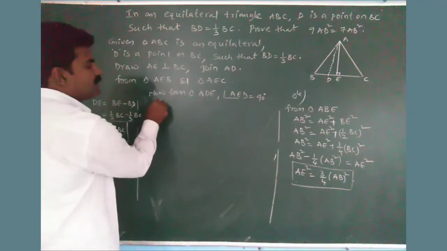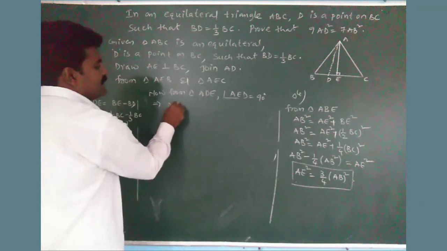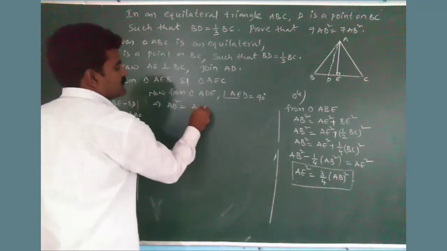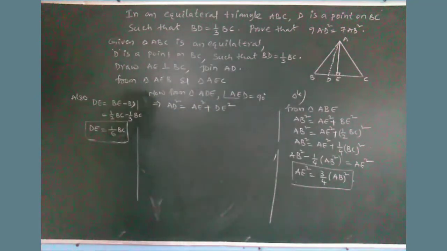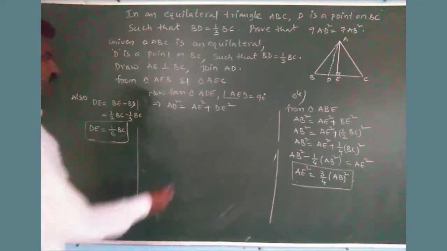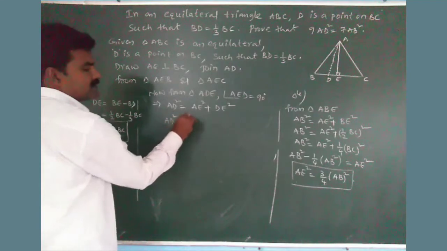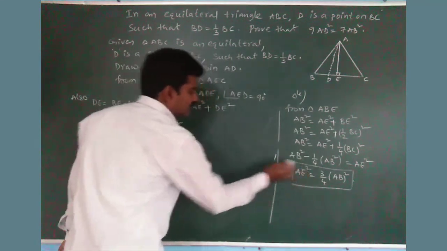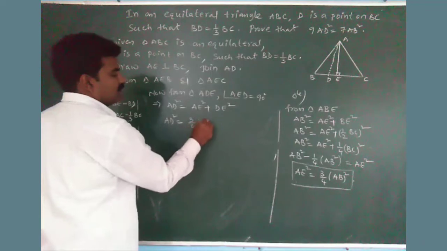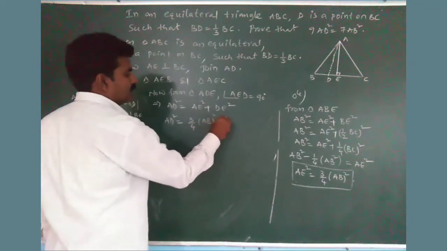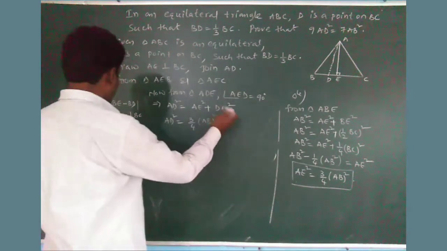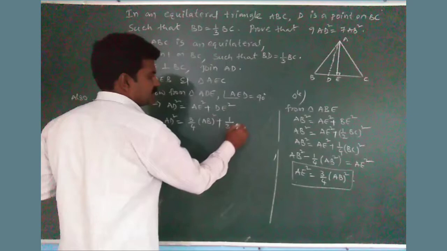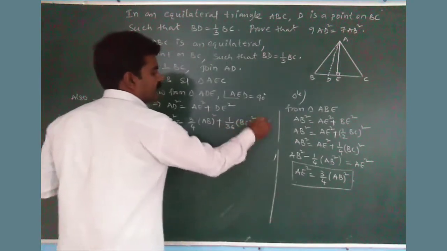If you apply the Pythagoras theorem here, then AD square is equal to AE square plus DE square. AE square value we know, 3 by 4 into AB square, plus DE square, which is 1 by 36 into BC square.